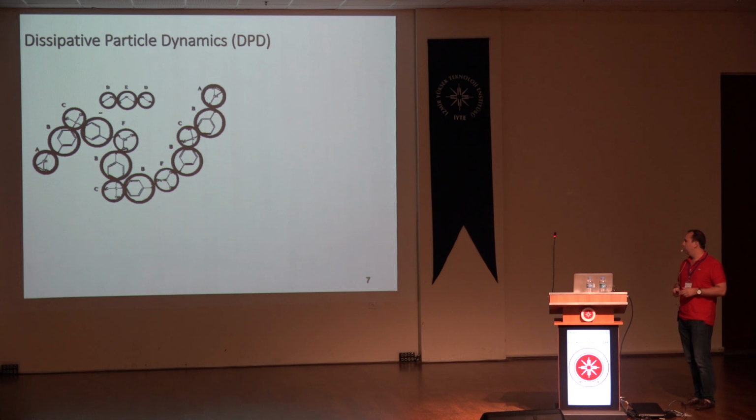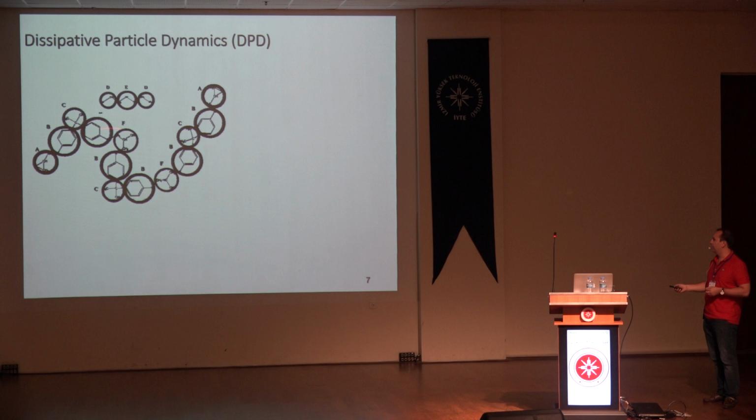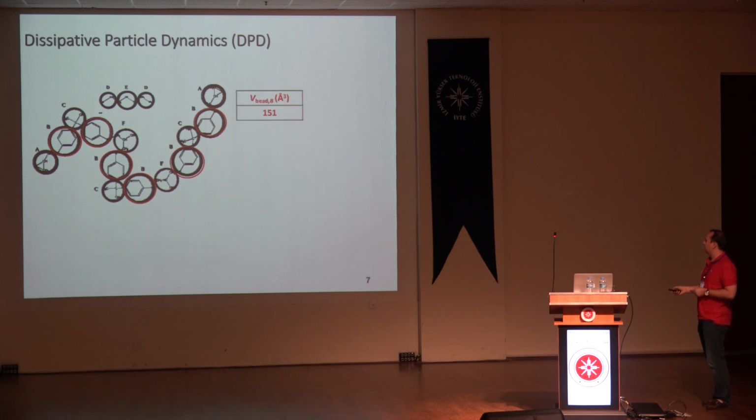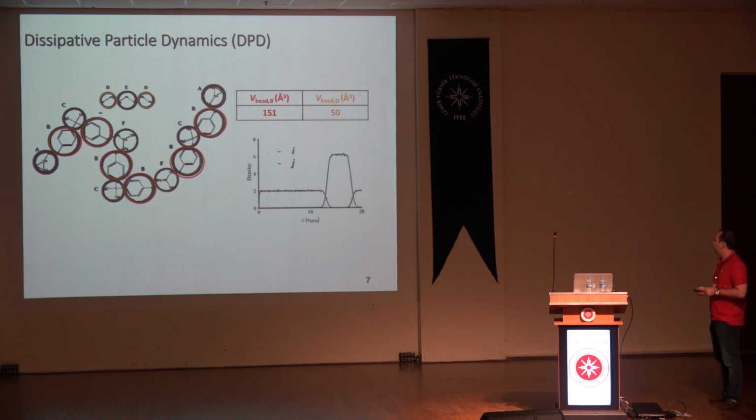So if you would like to apply DPD to a more complicated system in which you cannot divide functional groups into beads of the same order of magnitude or the same values for the volume, this might be a problem. So the initial part of my talk is about the parameterization of this. What I want to say is, for example, if you have phenyl groups plus the D beads here, which already differ by a factor of 3.